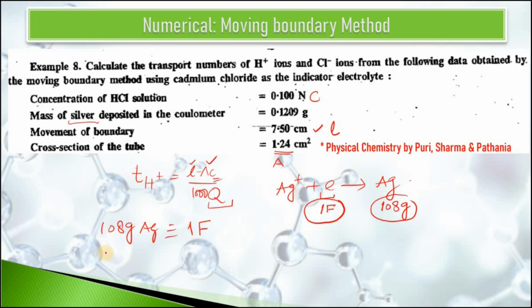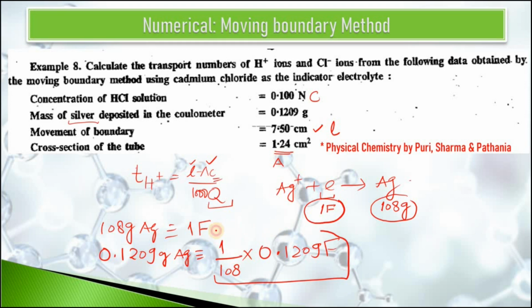But in the present case, only 0.1209 grams of silver have been deposited. That gives 1 upon 108 into 0.1209 Faraday of electricity passed through the electrolytic solution or through the conductivity cell used in the moving boundary method. So this is the total amount of electricity Q.